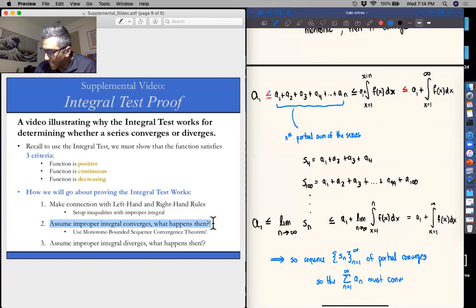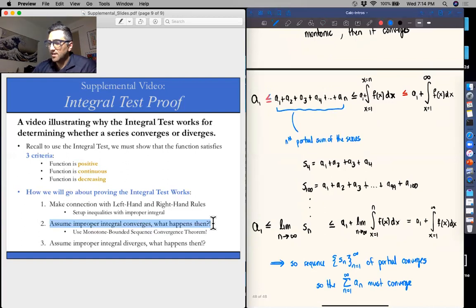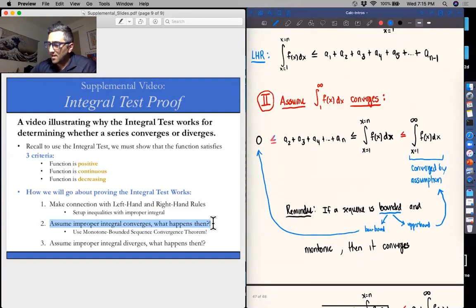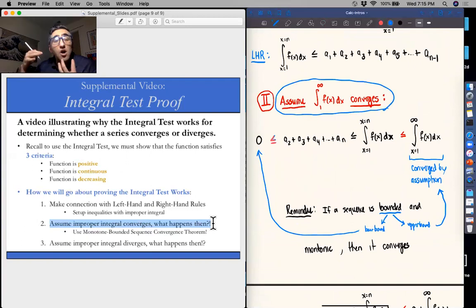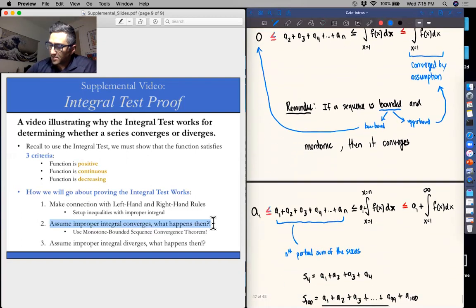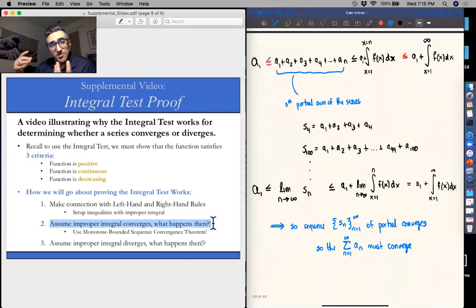In putting this all together, the way we started the second part was assuming that that improper integral converges, and we saw the consequence of that assumption. Assuming that improper integral converged necessitated that the sequence of partial sums converges, and then our series also converges.